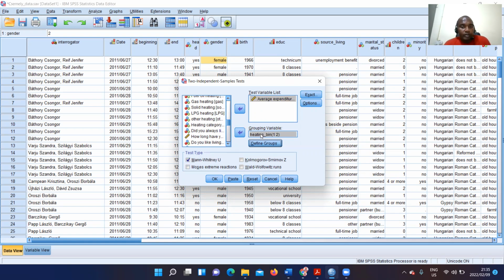When we know that we are dealing with average expenditure on heating, which is a non-normally distributed variable, we click OK.